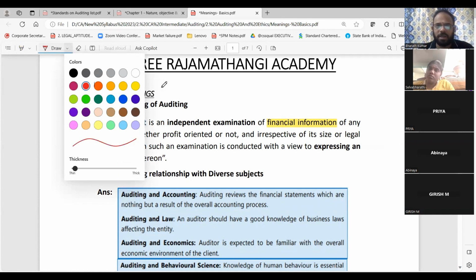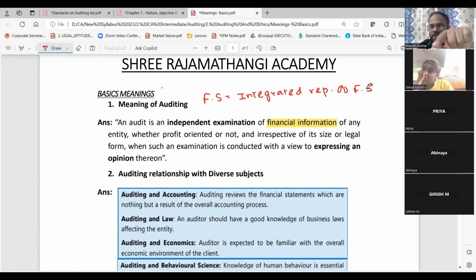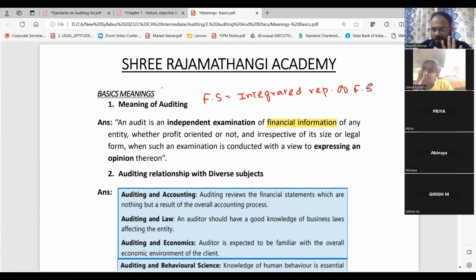That means indirectly, financial statement is a proper or integrated representation of financial information, which we already covered.